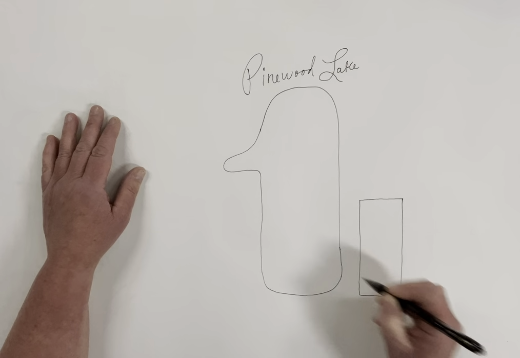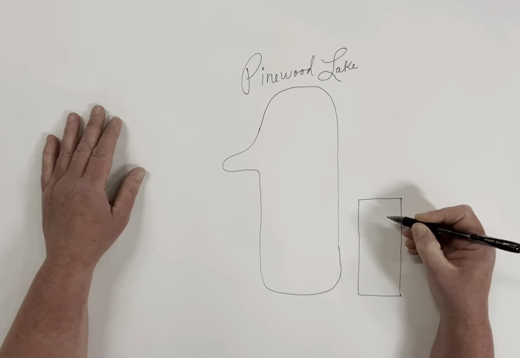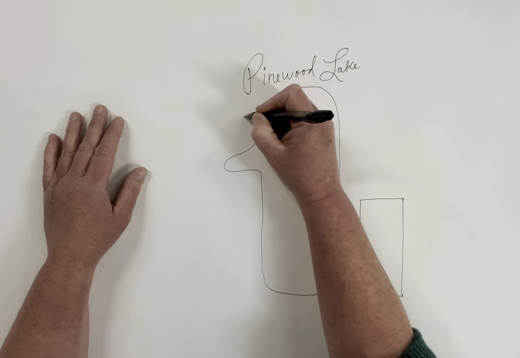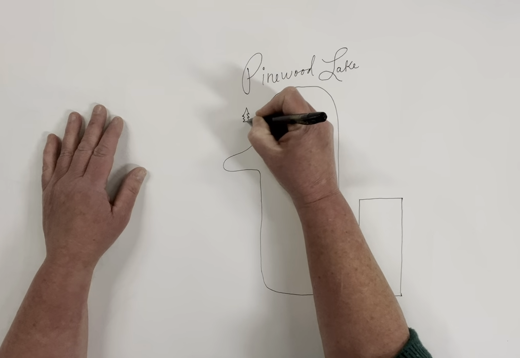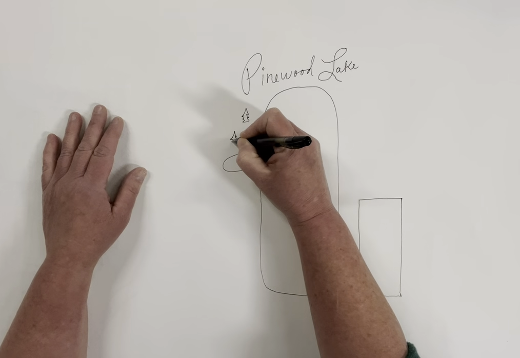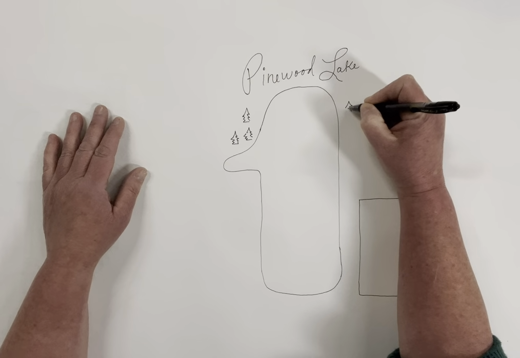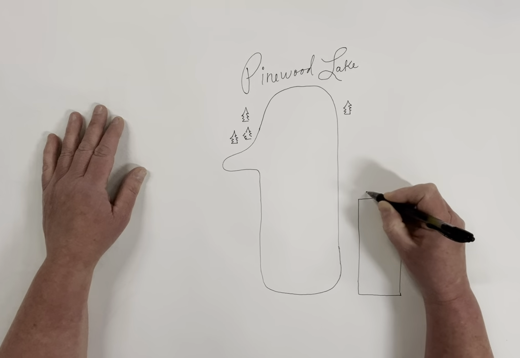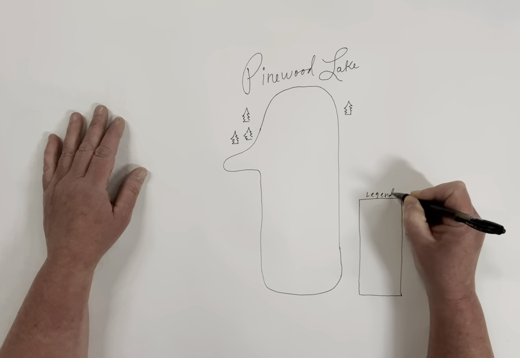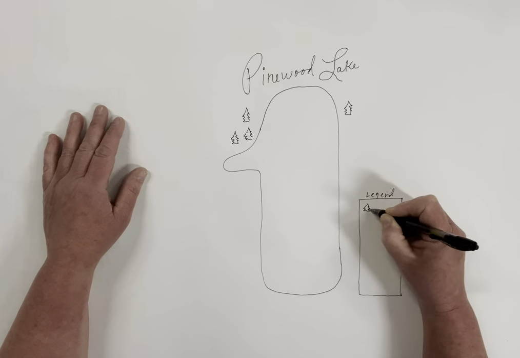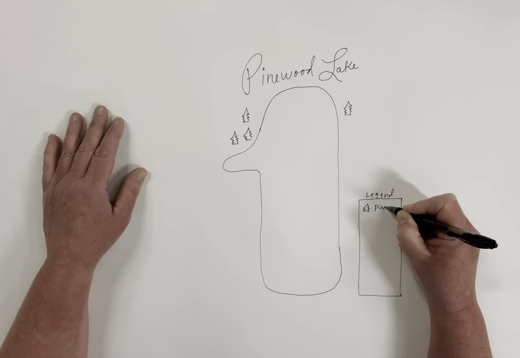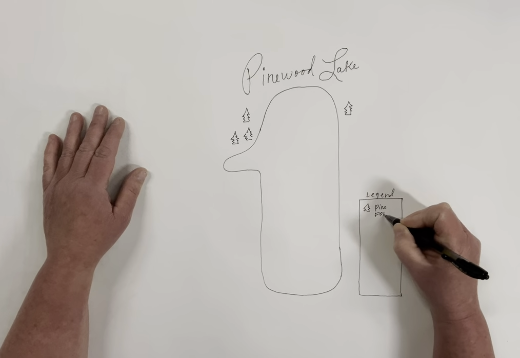And as I'm creating icons, I can add them to the legend. So it had many, many pine trees around it. So I'm adding those. I'm going to add that to the legend. I'm going to call it Pine Forest.